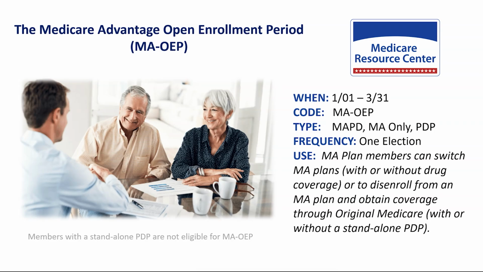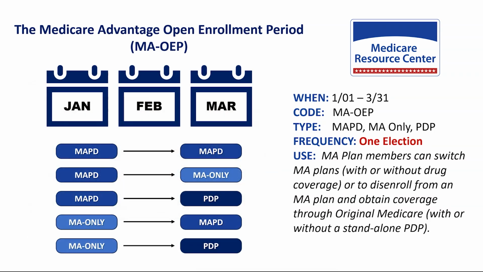Now, you must have a Medicare Advantage plan between January 1st and March 31st in order to qualify for this. So during that 3-month period, you can switch from Medicare Advantage to Medicare Advantage, or Medicare Advantage to an MA-only plan, that means one that doesn't have the Part D, or a Medicare Advantage to a prescription drug program, or even if you have a Medicare Advantage without Part D, you can switch to one that does have Part D. And if you're in a Medicare Advantage only plan and you just want a standalone drug program, you can do that too.